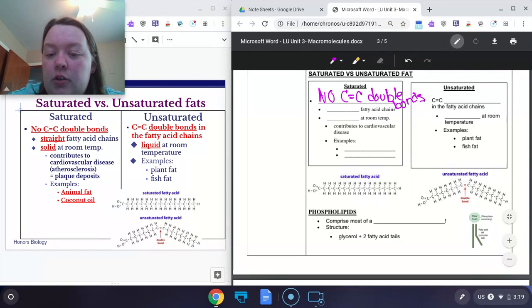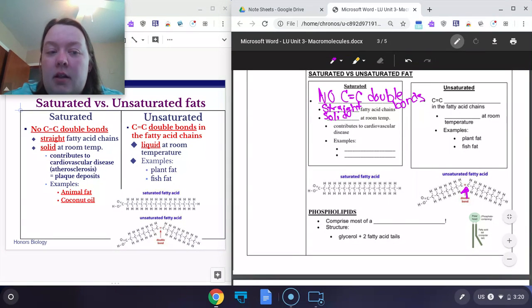And what this is going to do, if there's no double bonds, a double bond forms a kink. So over here you see a double bond. It forms a kink or a bend in the fatty acid. Therefore, saturated fatty acids, no double bonds, it's going to be perfectly straight. And if they're perfectly straight, they can pack together, and therefore they are going to be solid at room temperature.